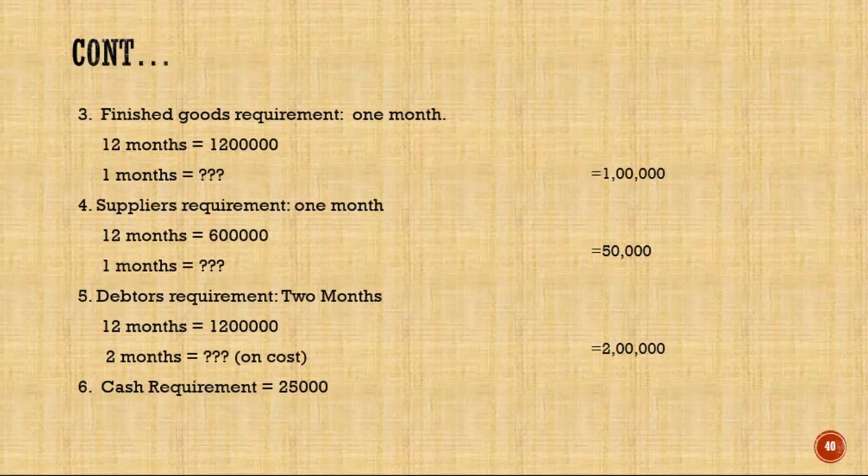So let us move to that particular statement. This is the normal practice in accounting and finance: write the company's name at the top. So I have written here, in the books of Wipro Limited, statement of working capital requirement for the year 2020.